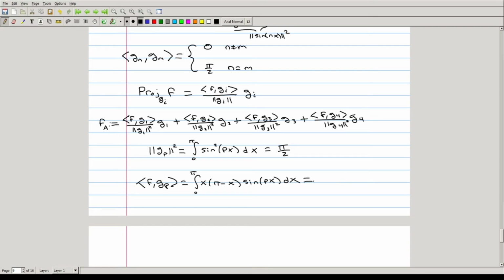When you go through and do integration by parts here, this ends up simplifying to pi times p times sine of p pi plus 2 minus 2 cosine of p pi over p cubed.